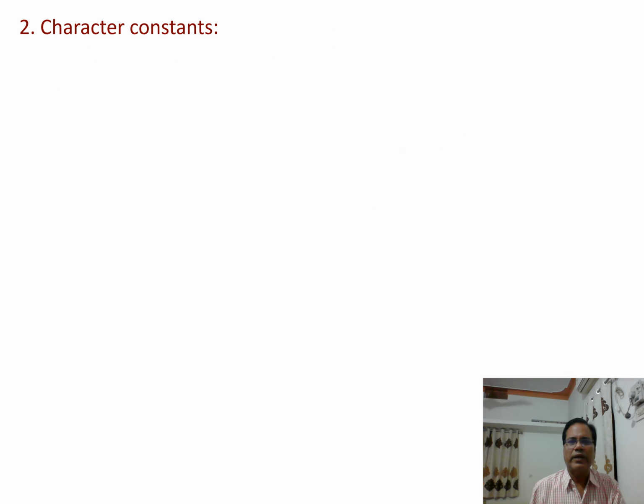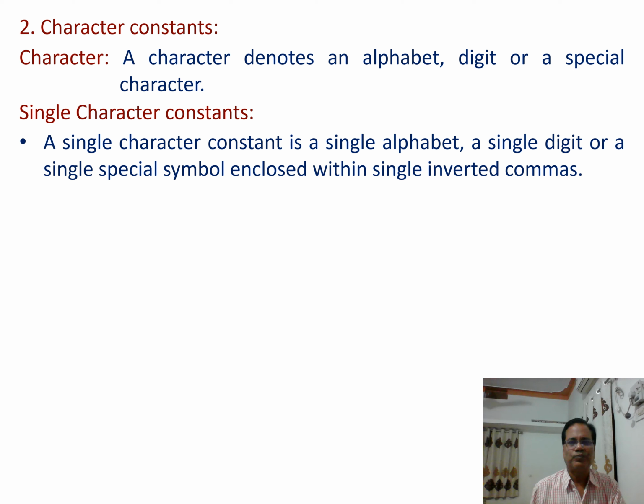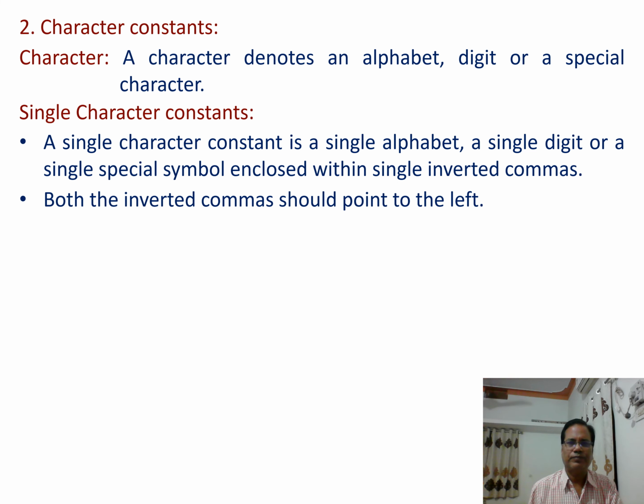The second one is the character constant. But what is a character? A character denotes an alphabet, a digit, or a special character. So, single character constant: a single character constant is a single alphabet, a single digit, or a single special symbol enclosed within single inverted commas. Both the inverted commas should point to the left.